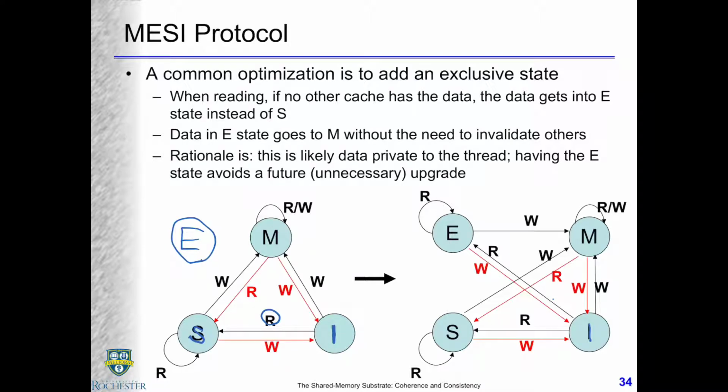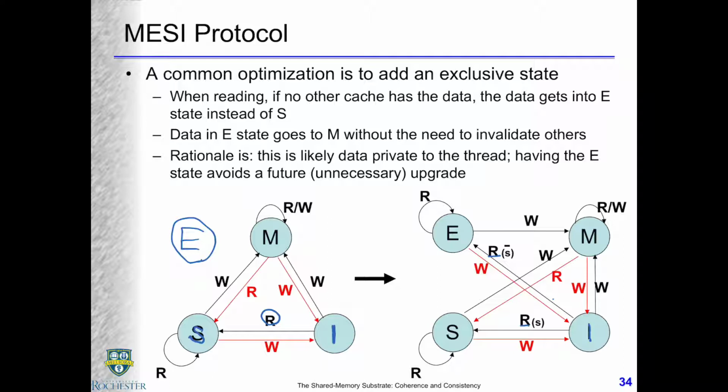when we have a read from invalid state, which state do we go to? If you look at the state diagram here, a read transaction, we can go to S and E. So what does that really mean? That's two possible states, right? This really depends on what we found out from the system.